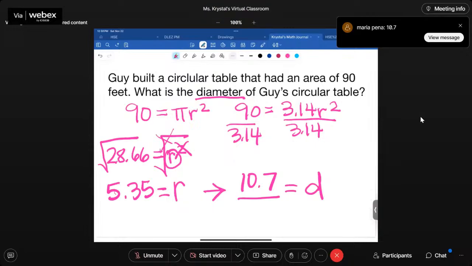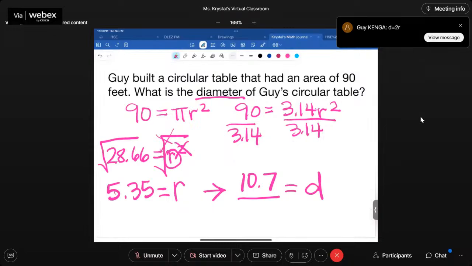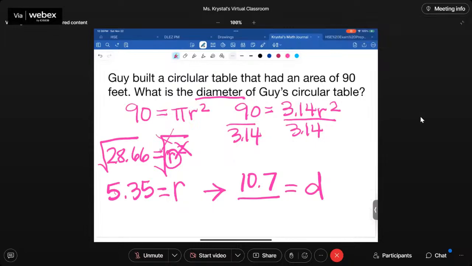In our calculator, we do square root of 28.66. Oh, I see. Okay, thank you.